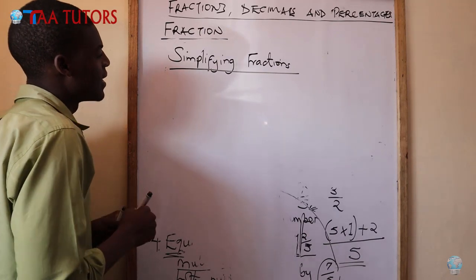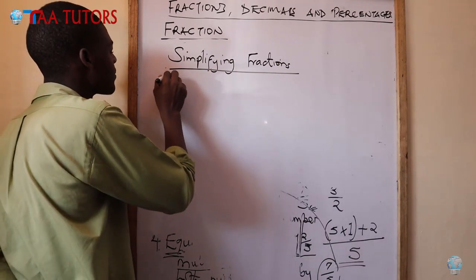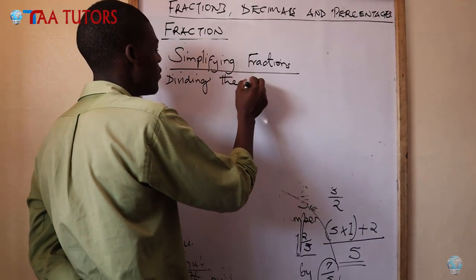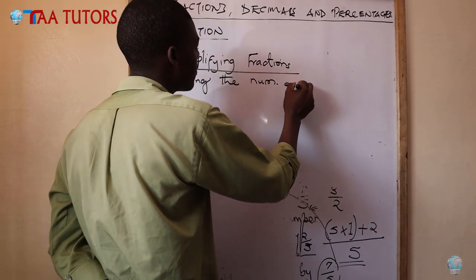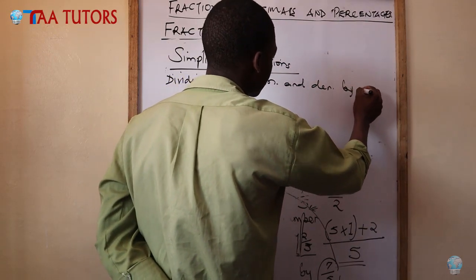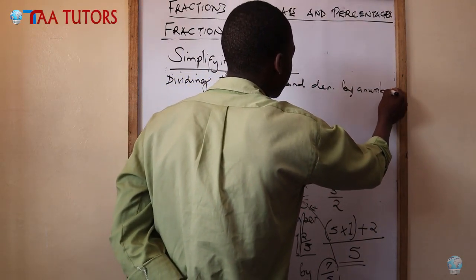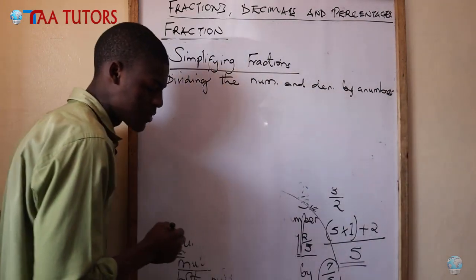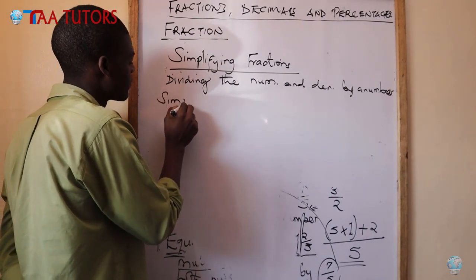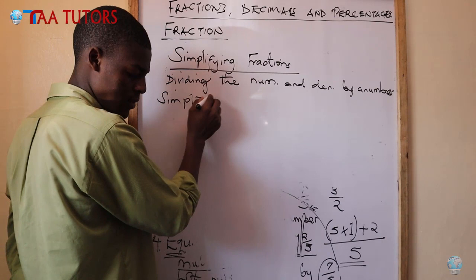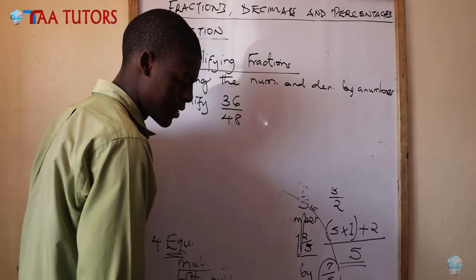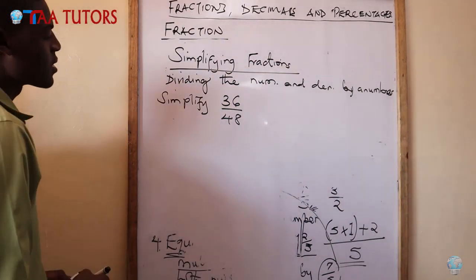We can simplify by dividing the numerator and denominator by a number, so that the resulting figure we are having is one which is smaller. A case is: simplify 36 over 48.